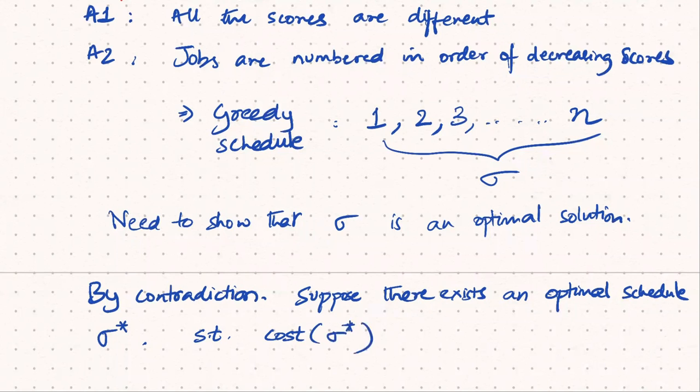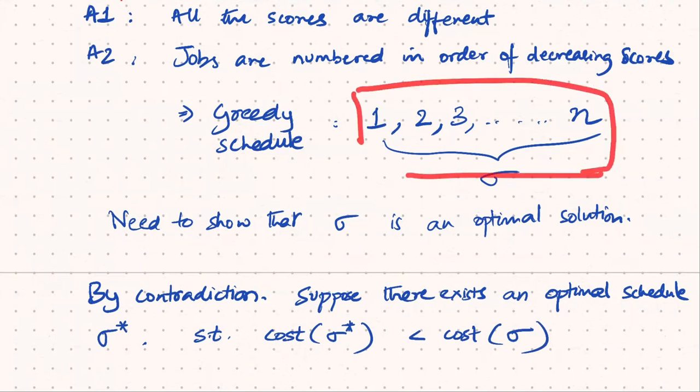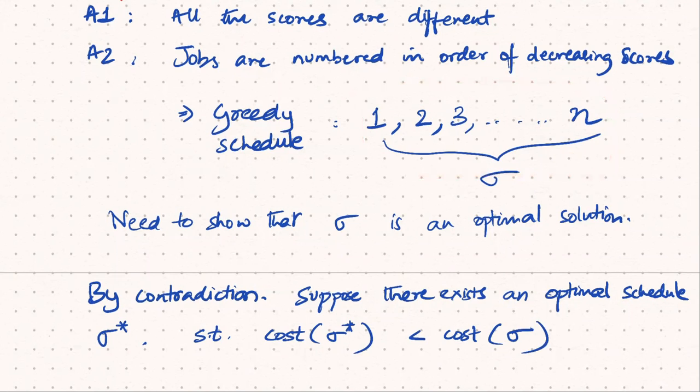What is the cost? The cost is simply the weighted completion time. So there's some other scheduling, which we're calling sigma star, such that its weighted completion time is less than the weighted completion time of our greedy solution sigma. We are saying that there is some other ordering of the n jobs which has a lower weighted completion time.